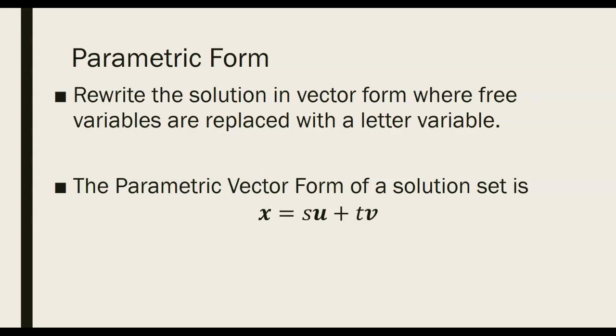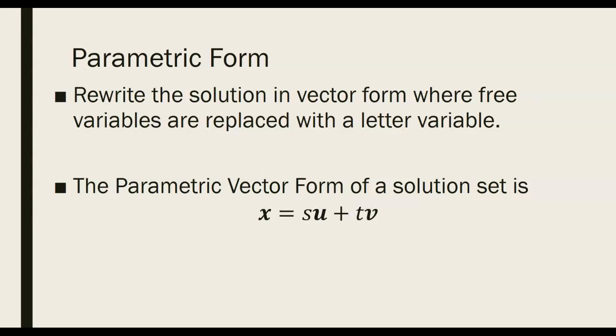What we're going to do is write out a typical vector as a constant times some vector, plus a constant times another vector, and if we need to, plus another constant times another vector. Okay? So in parametric form, the solution set is going to be a constant times a vector.